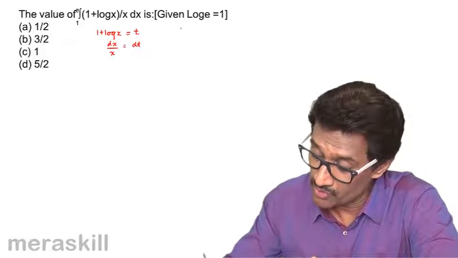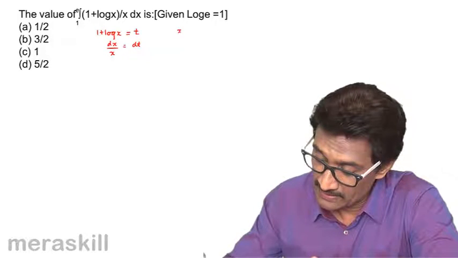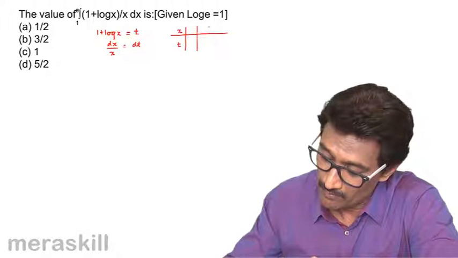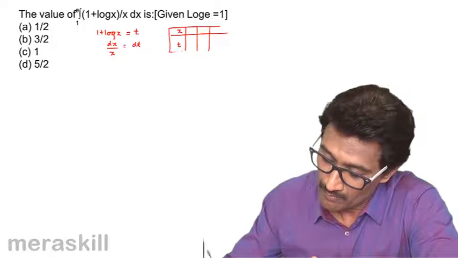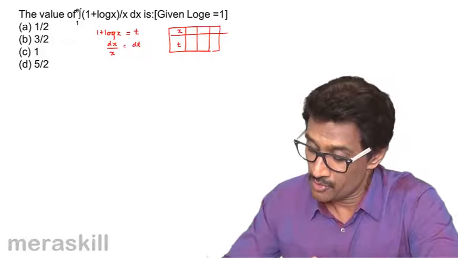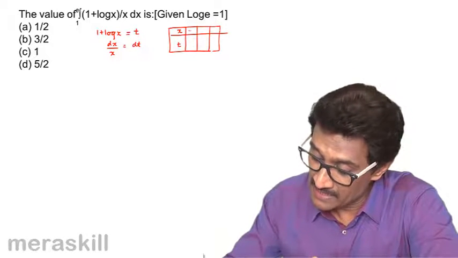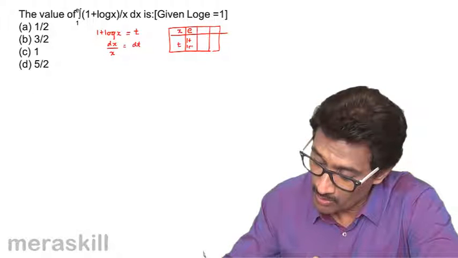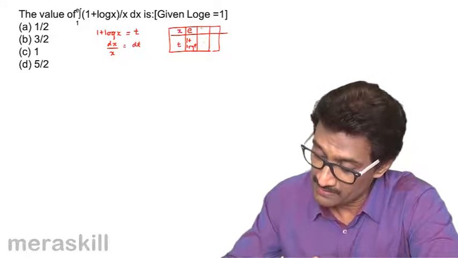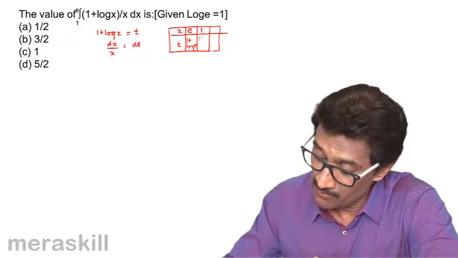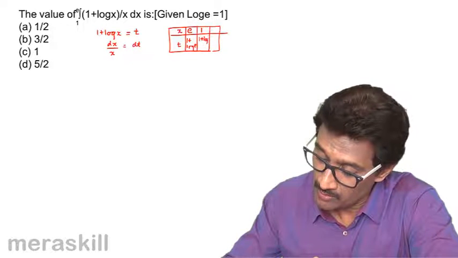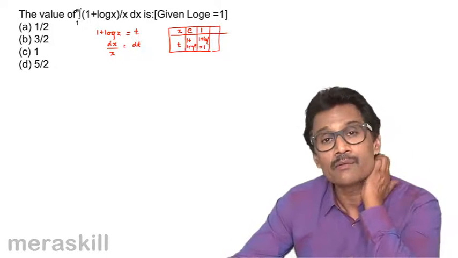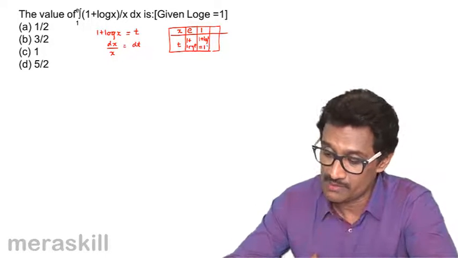Now we need to check the range of x and t. So when x is e, t will become 1 plus log e. When x is 1, t will become 1 plus log 1, which is nothing but 1 itself, because log 1 is nothing but 0. 1 plus 0, 1.